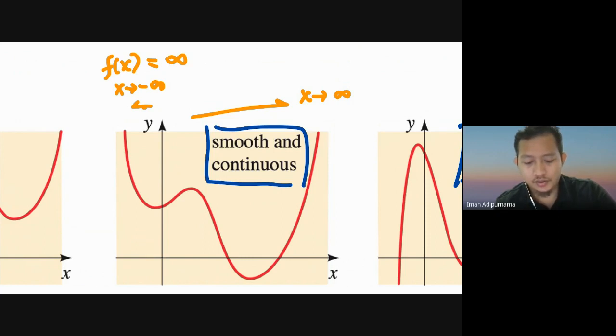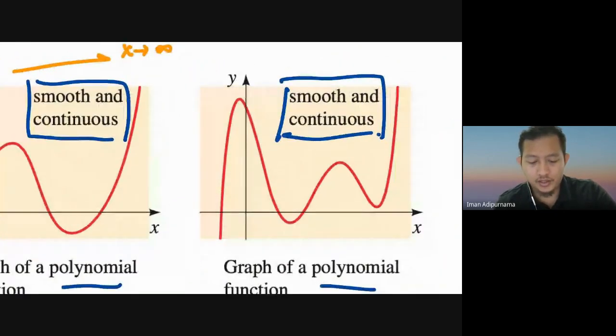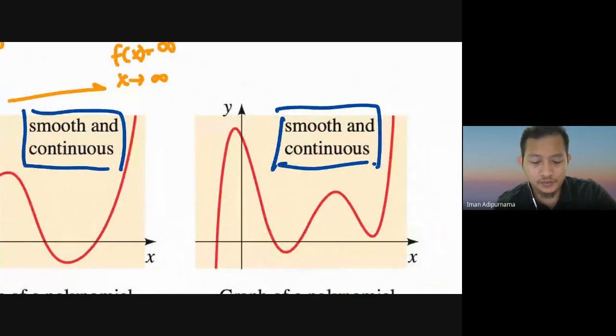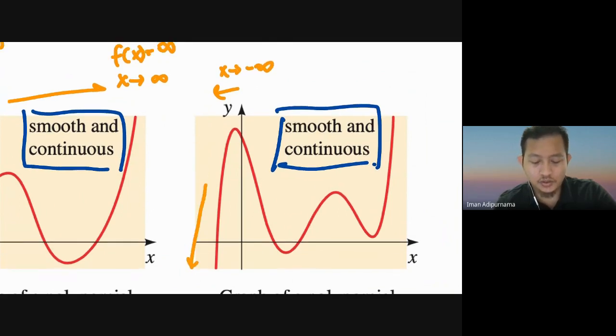And if you're going to the right, it's also getting larger and larger. Here is another possibility. If x is approaching negative infinity, you will see that f is actually going down.